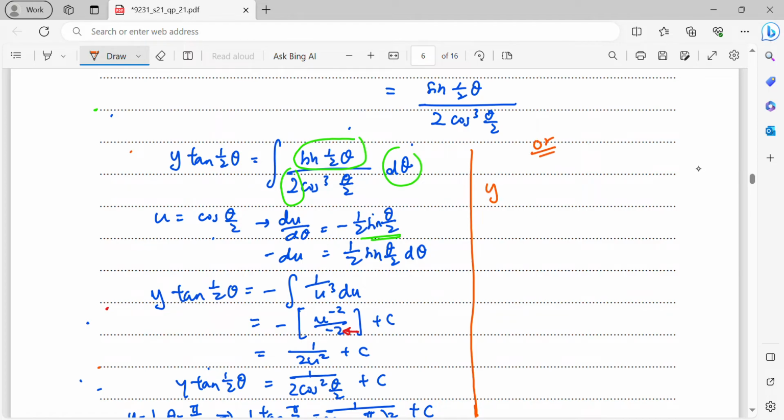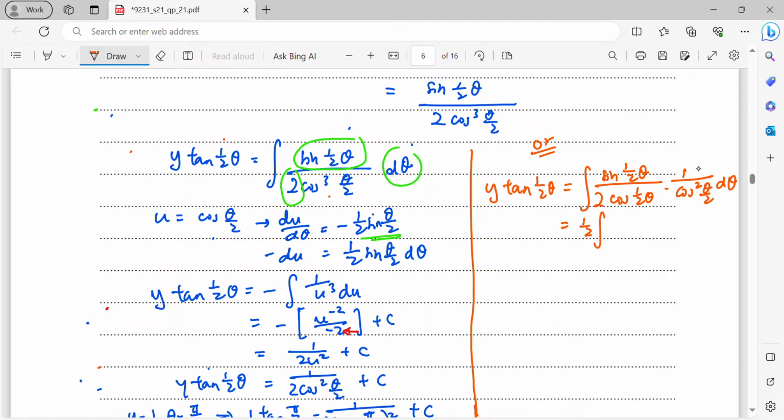Now my y tangent half theta equals to integration of sine half theta over 2. This cos cube I split into 2: cos half theta and then another cos squared half theta here. Now this is half, right?